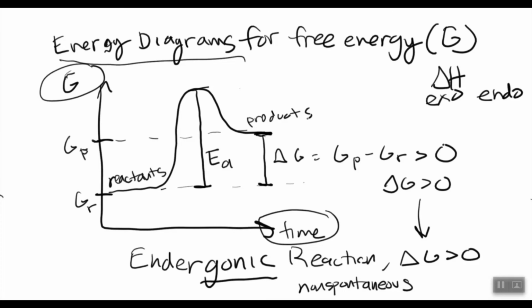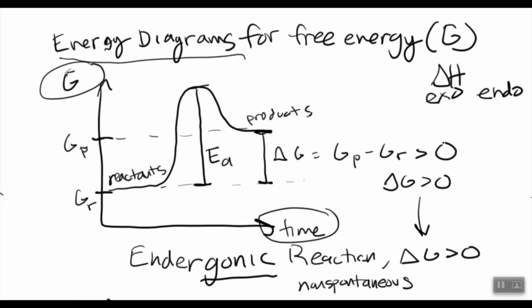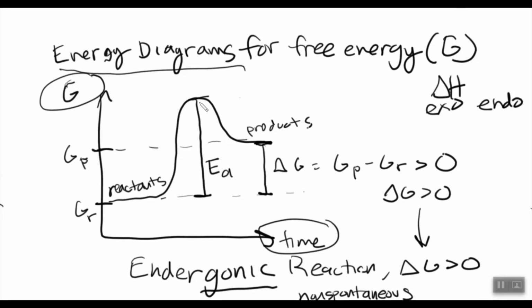X is time, or over time, we have reactants going to products, and they're changing in the amount of Gibbs free energy they have. So looking at this graph, we see, of course, an activation energy peak, same as for delta H. But the only difference is that we're going to be looking at delta G when we're looking at the difference between products and reactants.